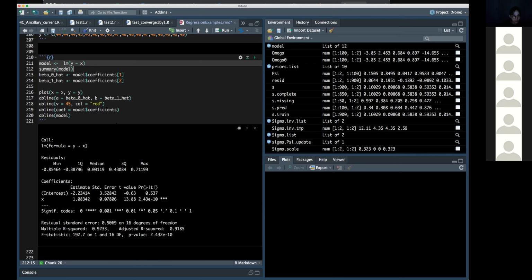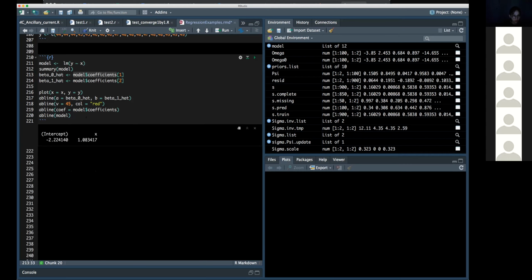This is the output. And actually you can do model $ coefficients. Let's take a look at what it is. So model $ coefficients is giving you the estimates for the intercept and the slope. The first element would give you beta 0 hat, and the second would be your beta 1 hat.